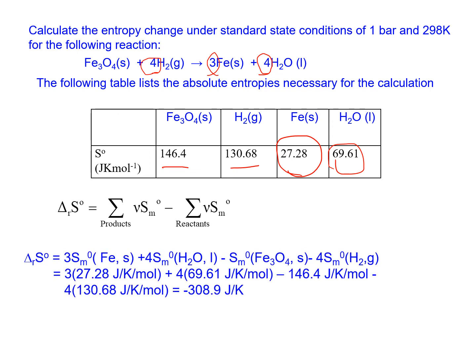That gives you negative 308.9 joule per Kelvin. So the entropy change is negative, and that's because you have 4 moles of gas phase in the reactants, but you only have solid and liquid in the products.